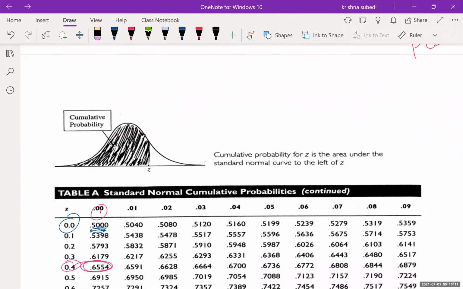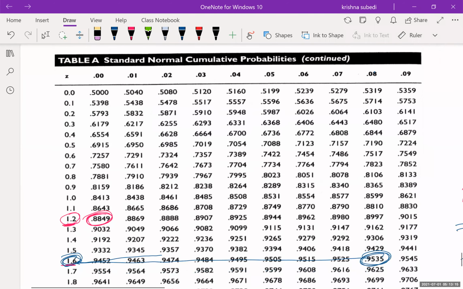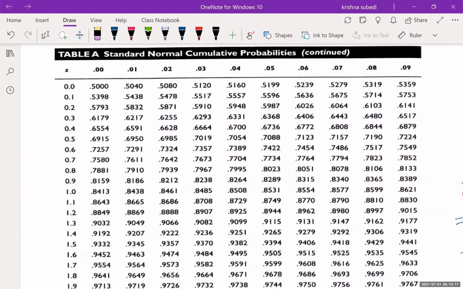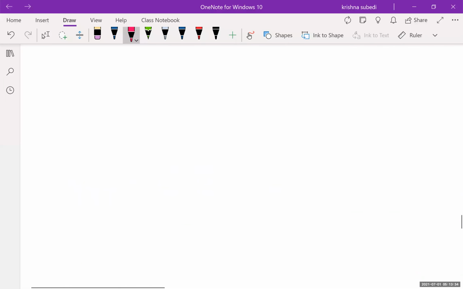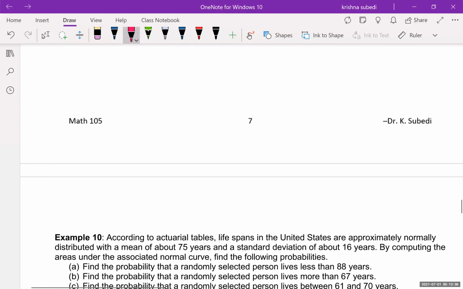So 1 means 1.00, right? So 1.0 is right there. And 0. So this is the value, 0.8413. Let's go all the way up, 0.8413.